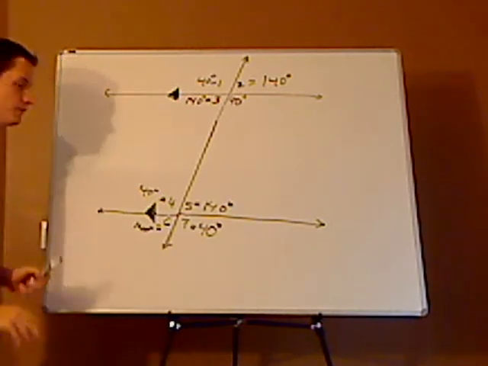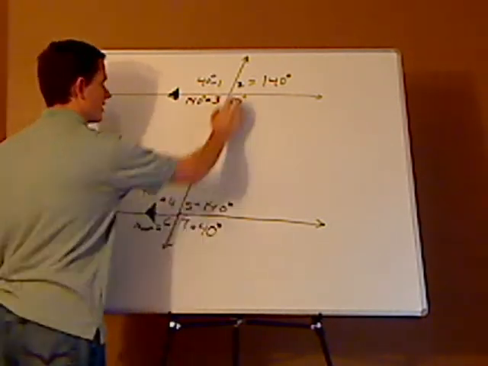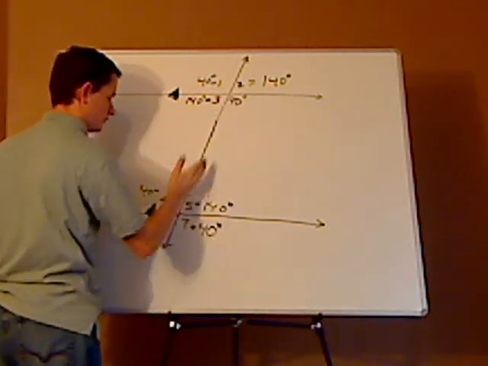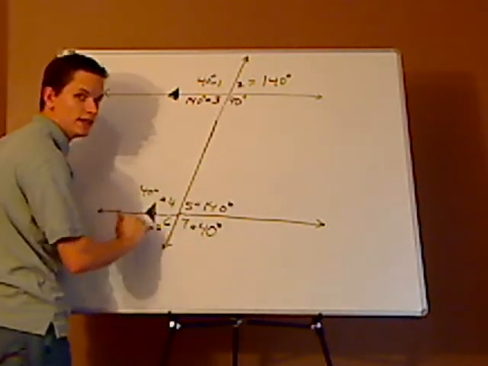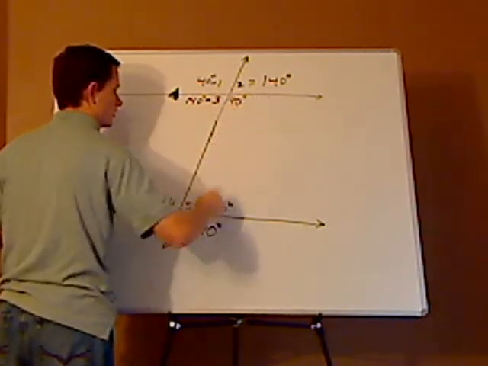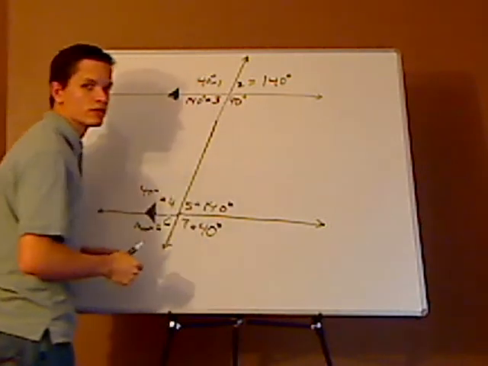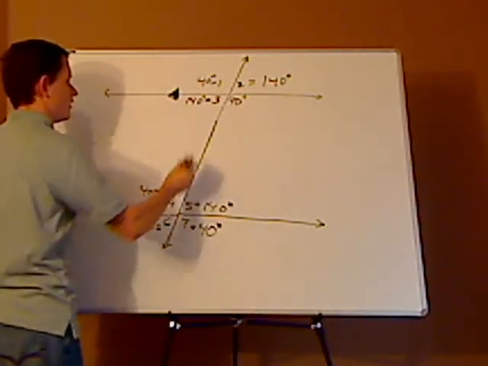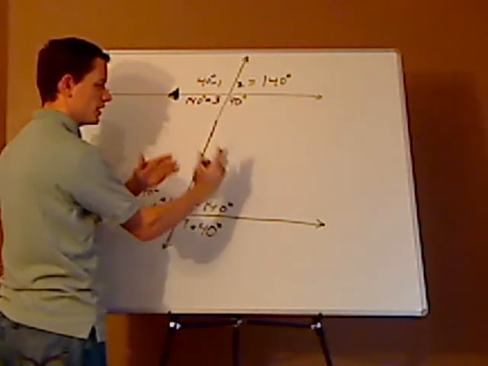So again, to review, corresponding angles share the same position where the transversal and the other parallel line intersect. They correspond to each other, and corresponding angles are always congruent. Vertical angles, right?